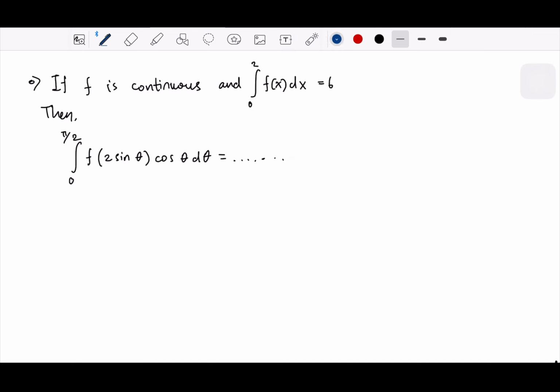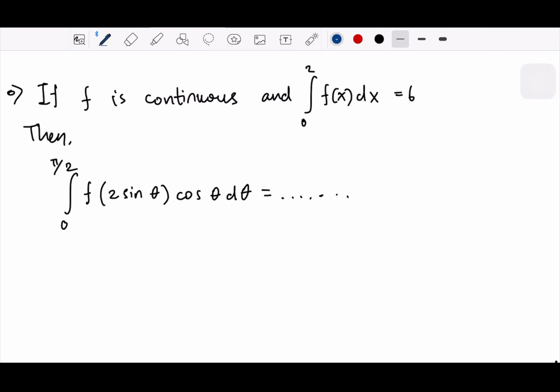See if you can understand what this question really asks. First, the function is continuous, and you have the information that the integral of that function from 0 to 2 is 6. So you have a value of 6 here.